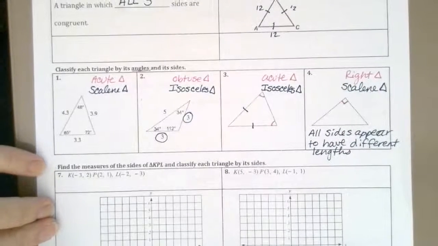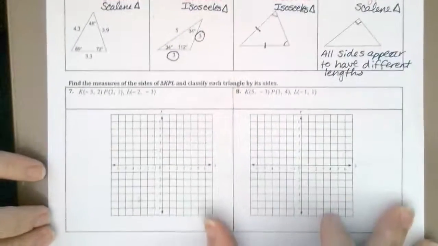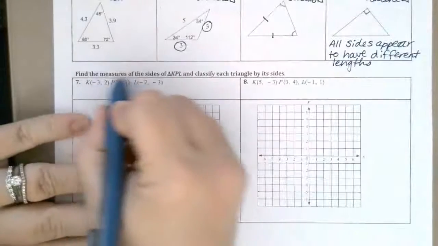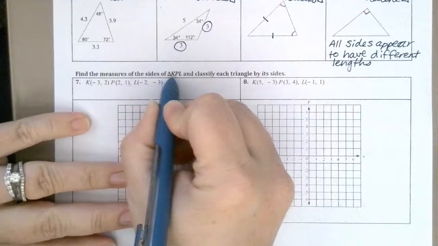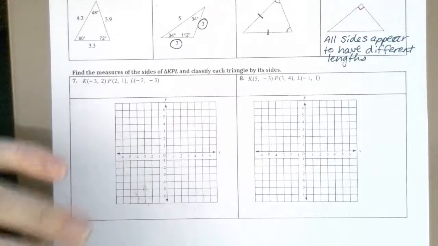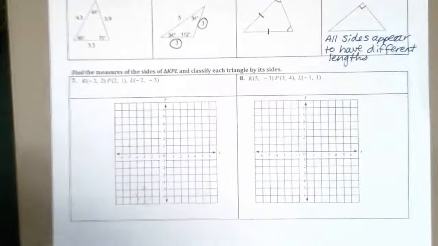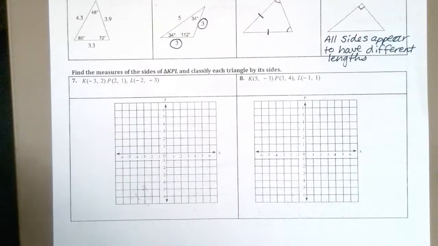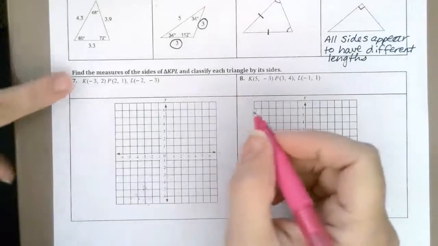So? Okay. Now let's look at these graphing ones. Find the measures of the sides of triangle KPL and then classify the triangle by its sides. So we're not talking about acute, obtuse, right, equiangular. We're talking about classifying it as scalene, isosceles, or equilateral. Okay? So first thing we're going to do is plot these points.